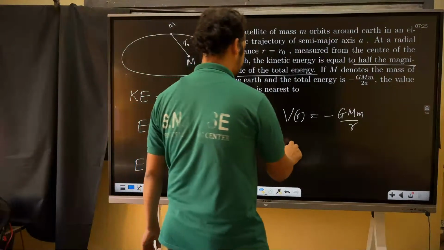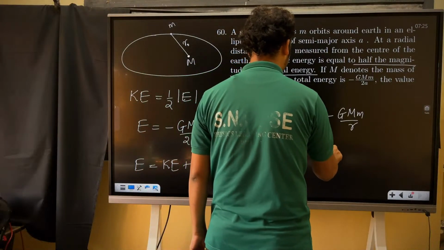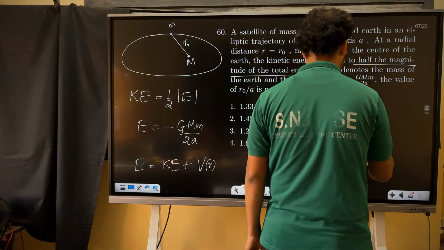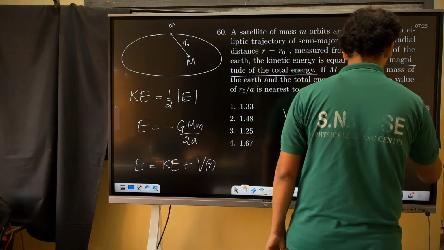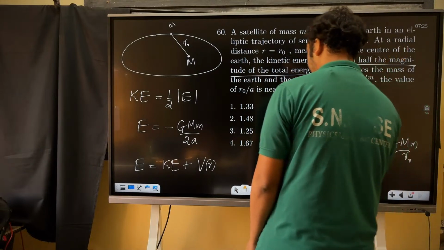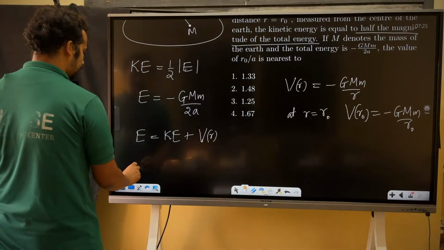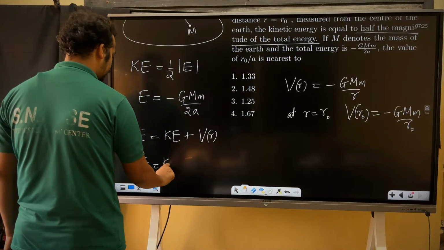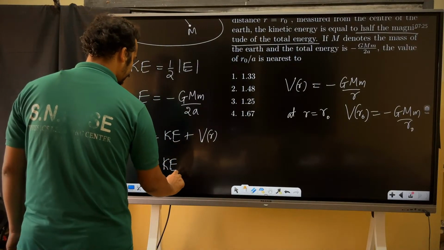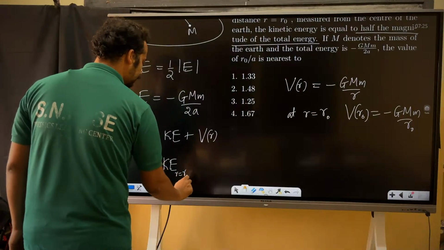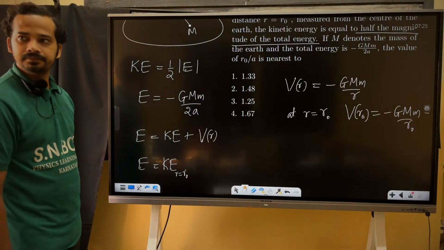At R equal to R naught, the potential V at R naught is minus GMm by R naught. You just substitute that. So E is equal to kinetic energy plus potential when R equal to R naught.